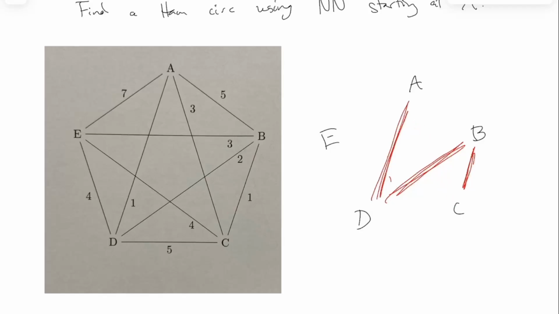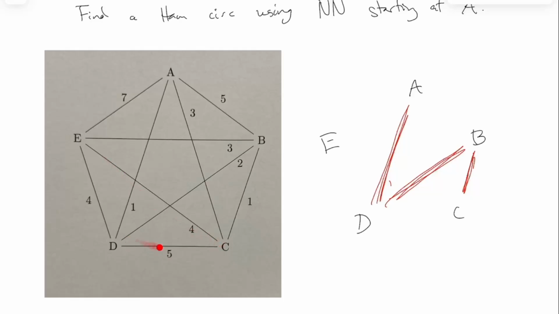Your Hamilton circuit must visit every vertex, right? So from C now, my choices are, I guess the edges I didn't use, 3 or 4 or 5 or something. It's got to be the 4 though, right? Because you may not finish too early. I have to go C to E. And then E to A to finish it off.